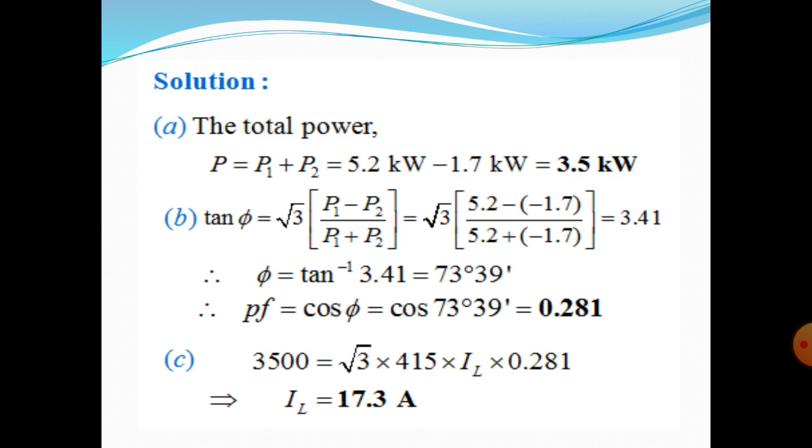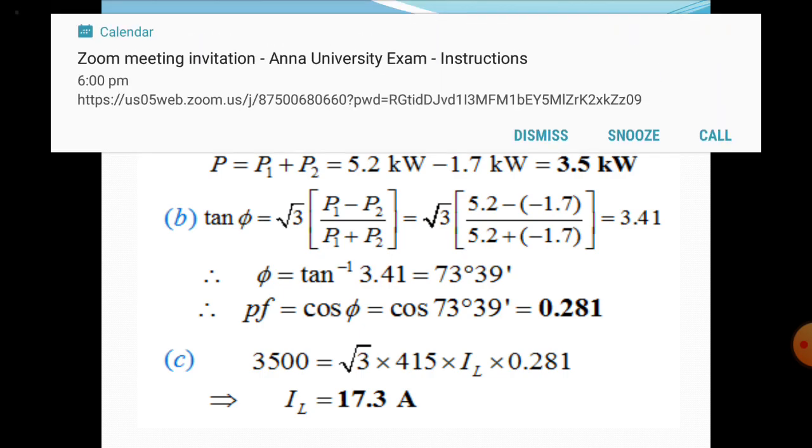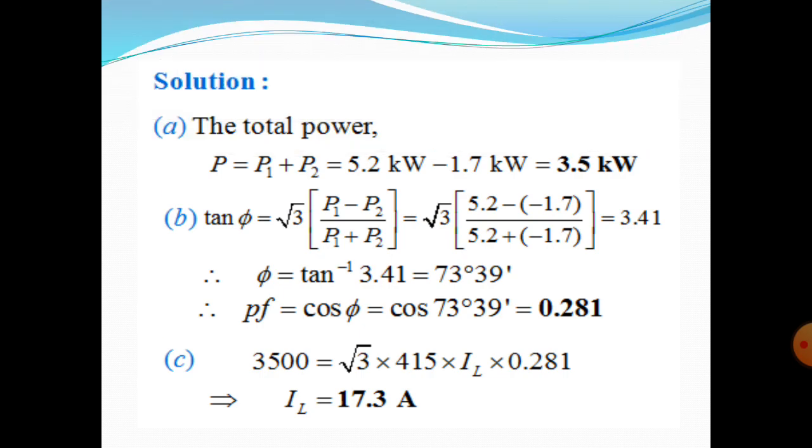We get phi is equal to 73 degrees 39 minutes. So we calculate the power factor as cos phi, substituting phi, cos of 73 degrees 39 minutes. Finally we get the power factor cos phi is equal to 0.281.